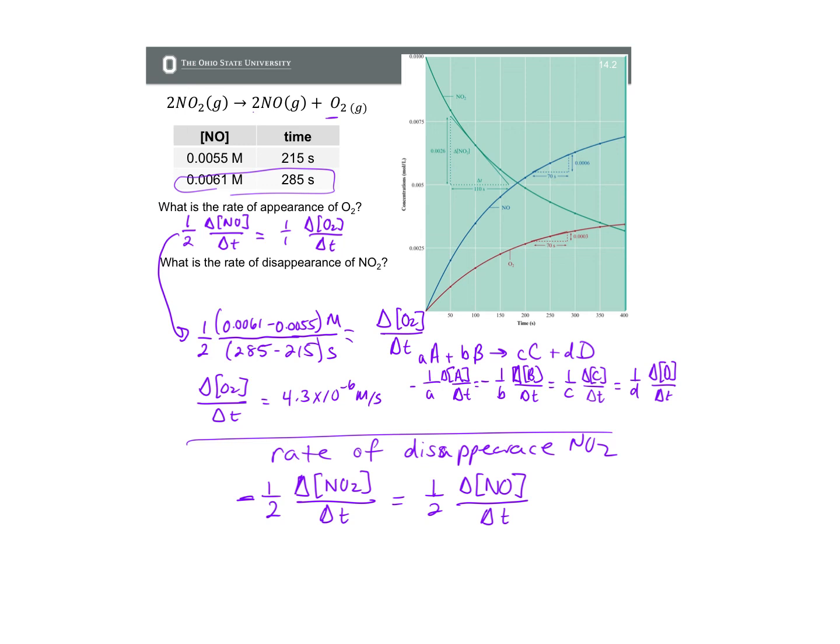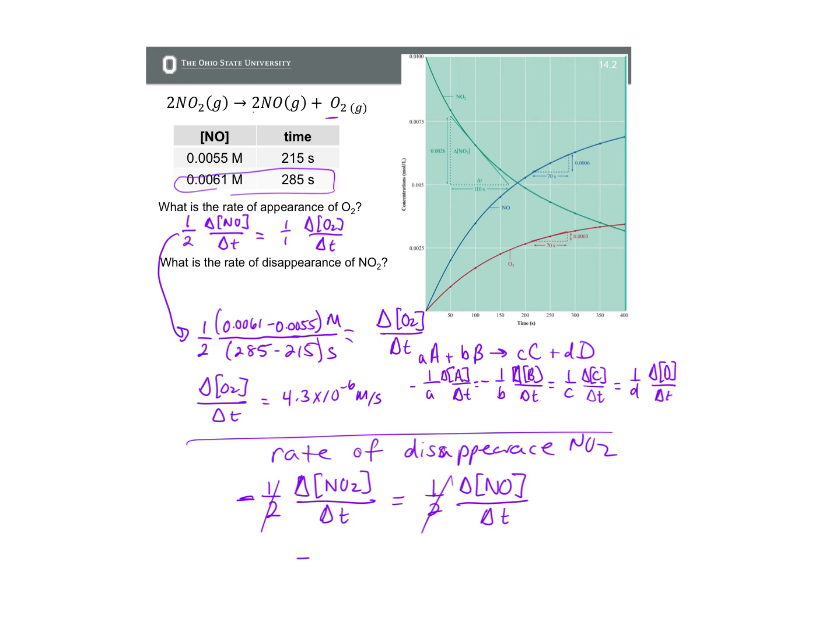Okay, so you use the same data, right? We know change in NO over change in time is equal to all of this. We have this 1/2 factor in front of each of these fractions. One of them is negative because of the reactant, but we can essentially get rid of that.